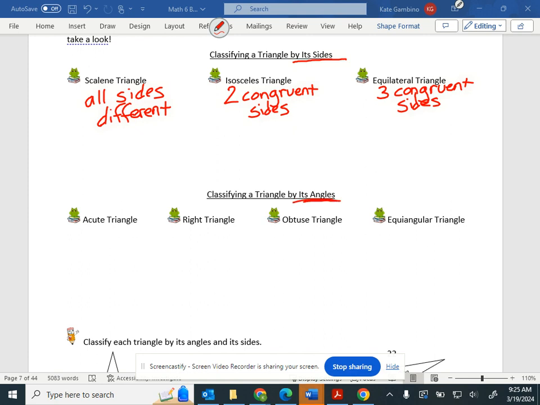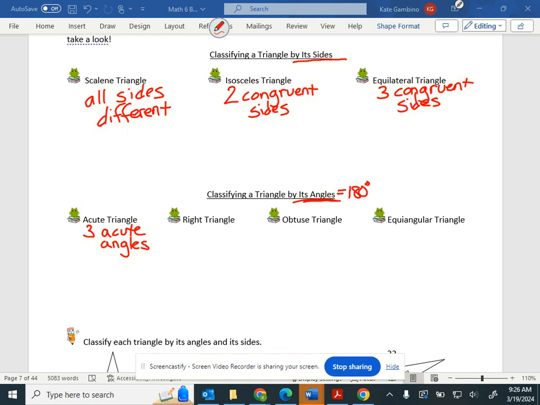Second part of this objective is the angle names. If it's an acute triangle, what are our degrees? 3. So we don't need to know actual degrees, but 3 acute angles. So we know acute means less than 90. If we're looking at angles, what do all of the angles in a triangle have to equal? 180 degrees.